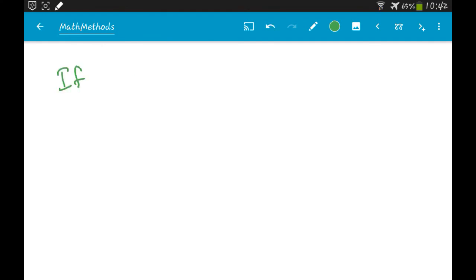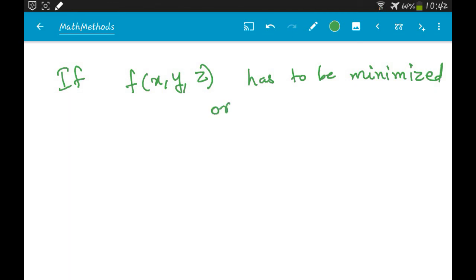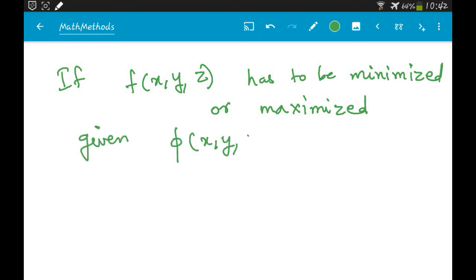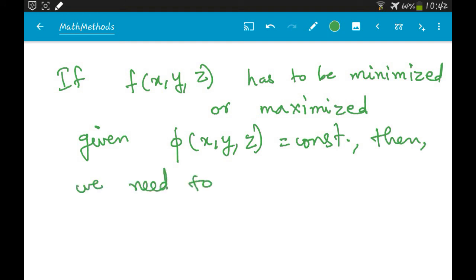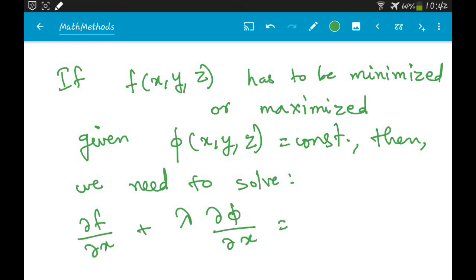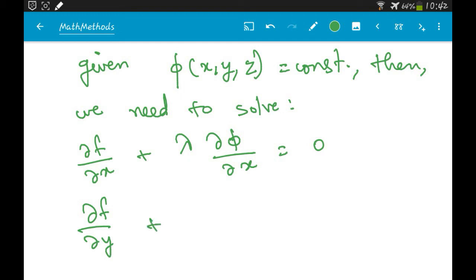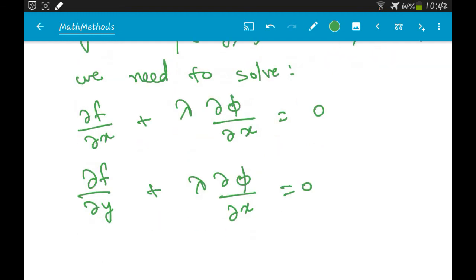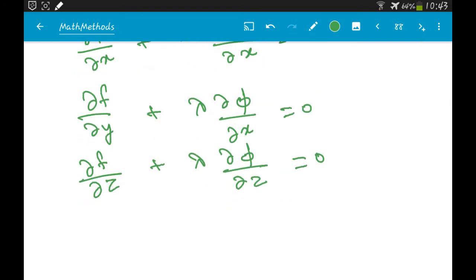So if f of x, y, z has to be minimized or maximized given phi of x, y, z is constant, then we need to solve dou f by dou x plus lambda dou phi by dou x is 0, dou f by dou y plus lambda dou phi by dou y is 0, and dou f by dou z plus lambda dou phi by dou z is 0, and phi of x, y, z is a constant.